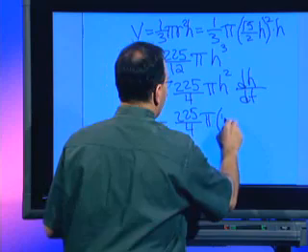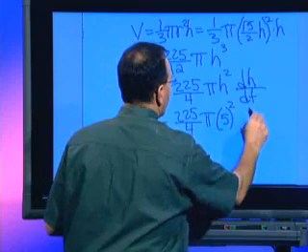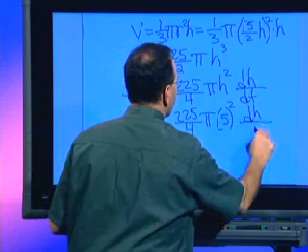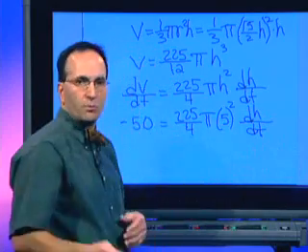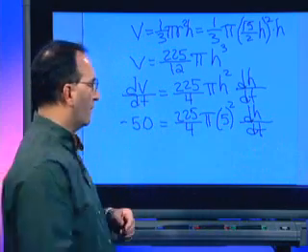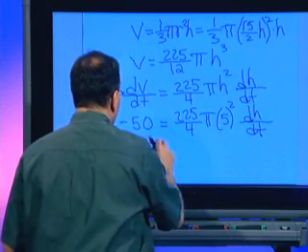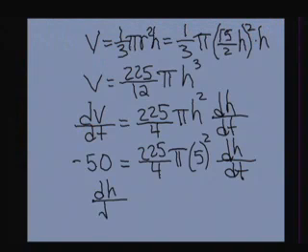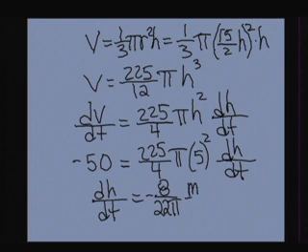So we plug in 5 squared, and then dH dt, which is what we want to solve for. So dH dt, in this case, once you work out all of the arithmetic, will be equal to -8 over 225 pi, and that's in meters per minute.